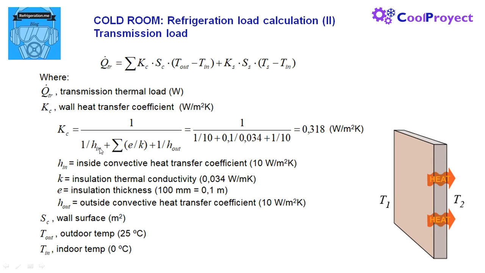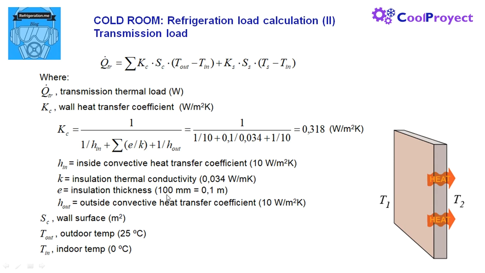We have here the inside convective heat transfer coefficient, about 10. Here the outside convective heat transfer coefficient is about 10 too. This K is the insulation thermal conductivity. Here is the typical value for polyurethane. And E is the insulation thickness.